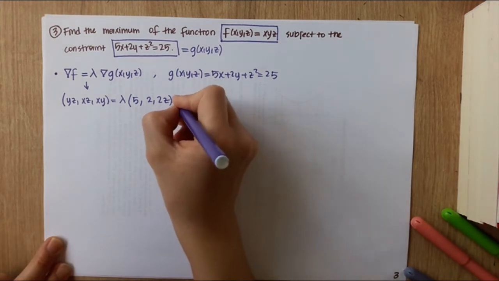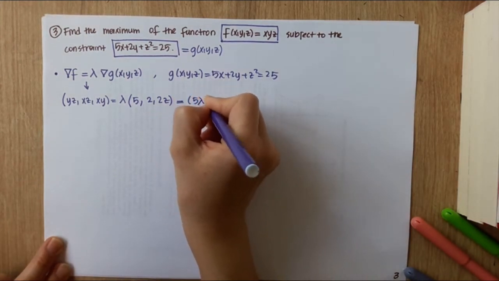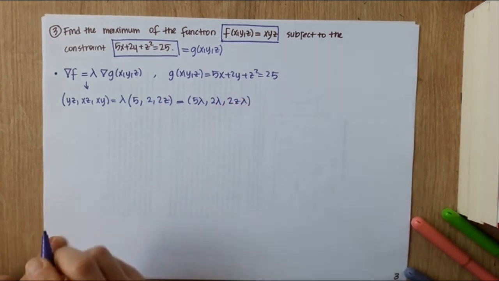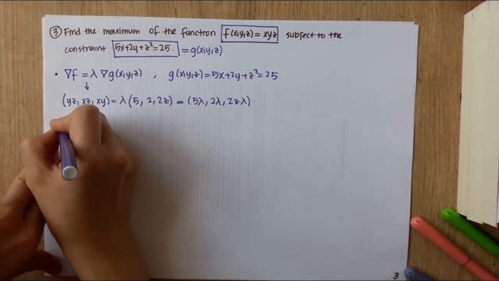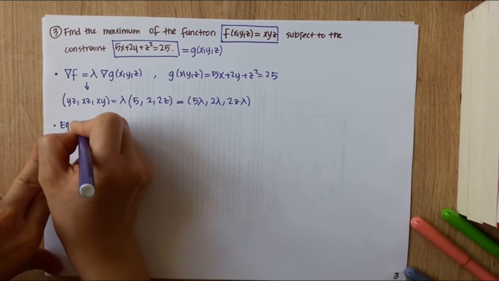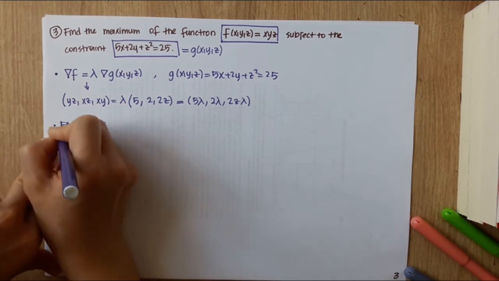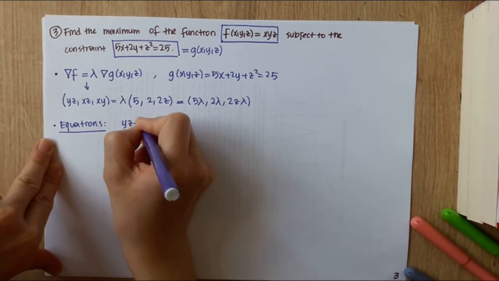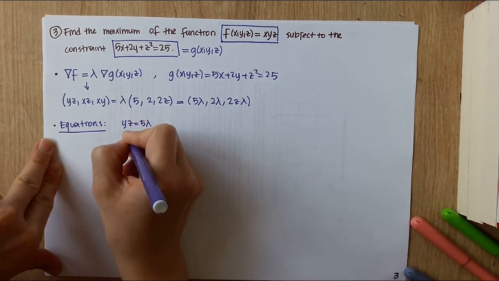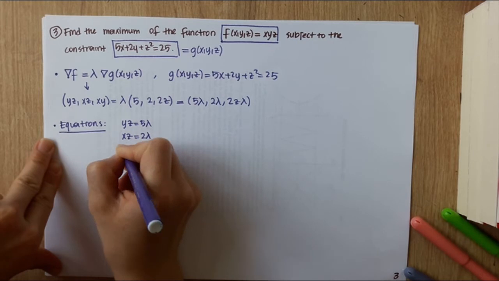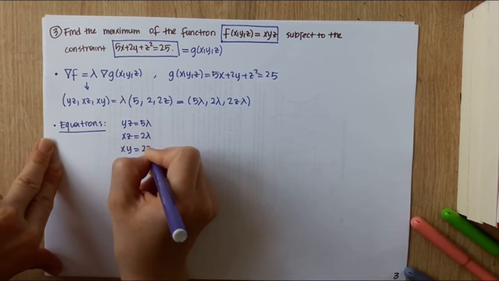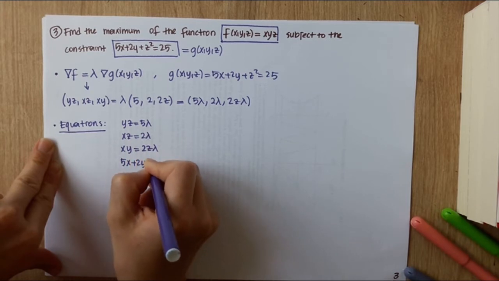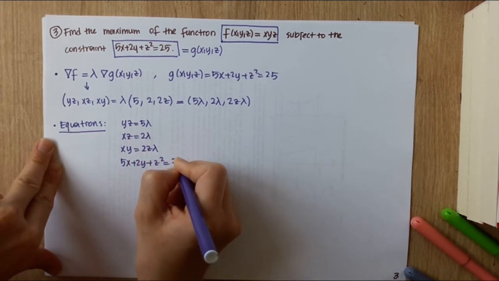So I have 5 lambda in the first component, 2 lambda in the second component, and 2z lambda in the third component. So the equations are yz equals 5 lambda, xz equals 2 lambda, xy equals 2z lambda, and 5x plus 2y plus z squared is 25.